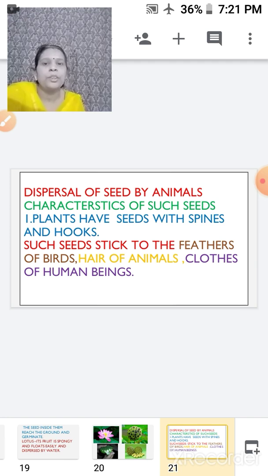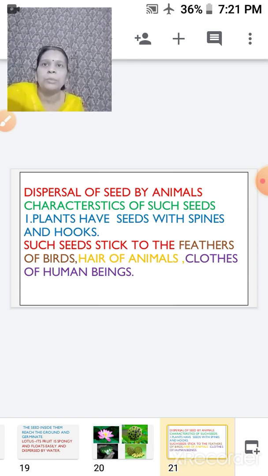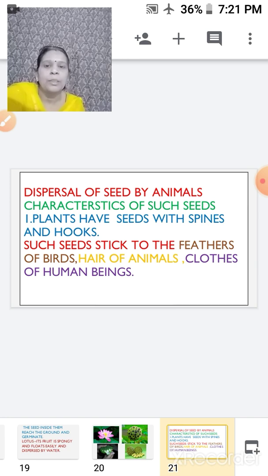But many plants have seeds with spines and hooks. Such spines and hooks help these seeds to stick to the feathers of birds, the hair of animals, and the clothes of human beings. You might have seen when you go for a walk or just go outside, and you come across some of these plants, what will happen?